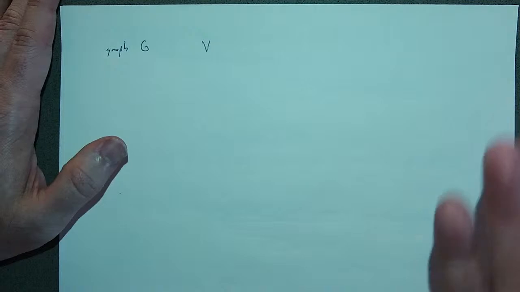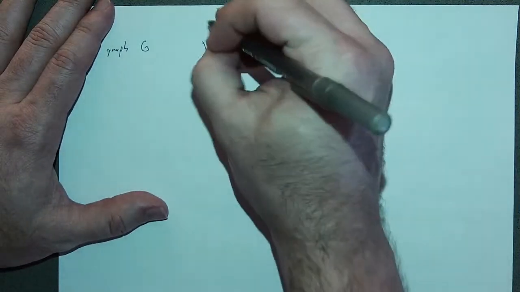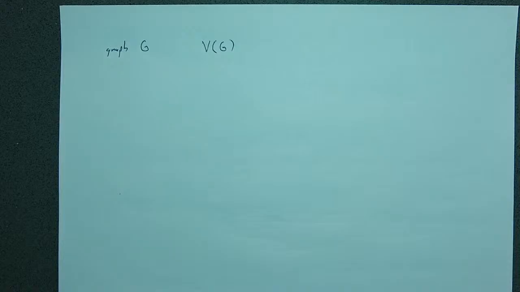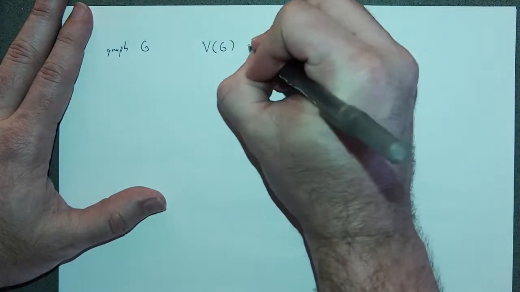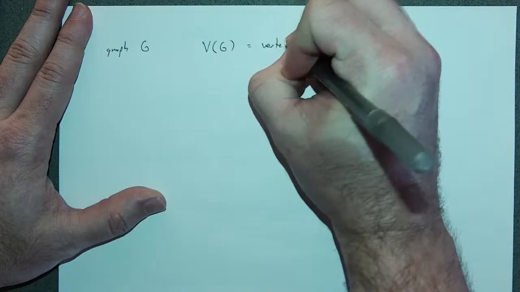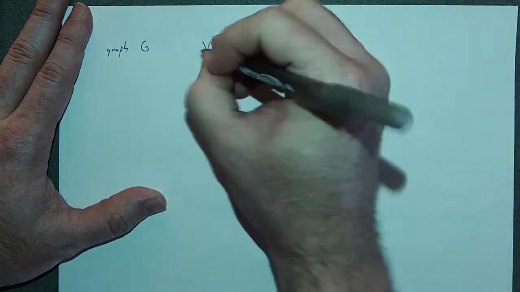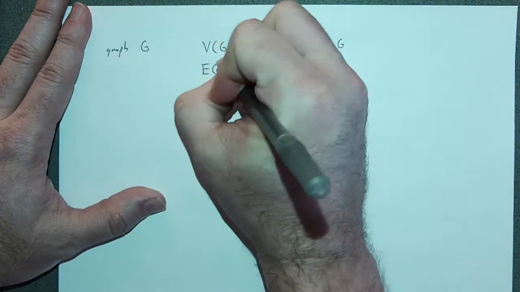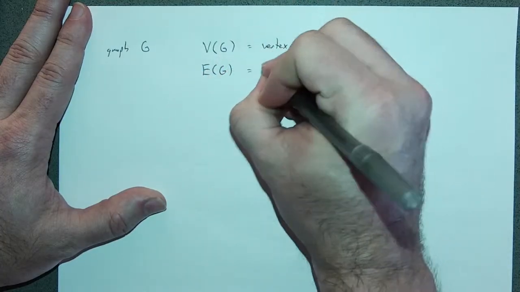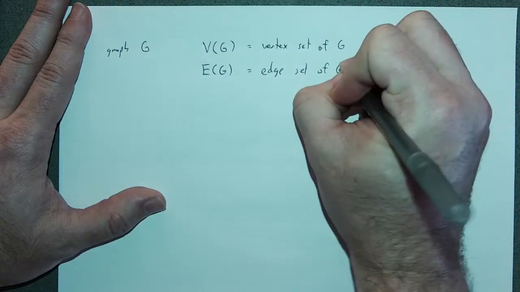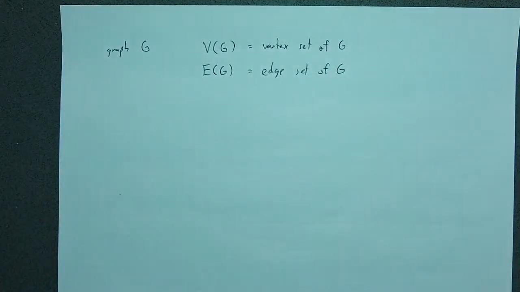But when there is possibility for confusion, we would write V of G in this way. This is the vertex set of G. Similarly, E of G is the edge set of G.